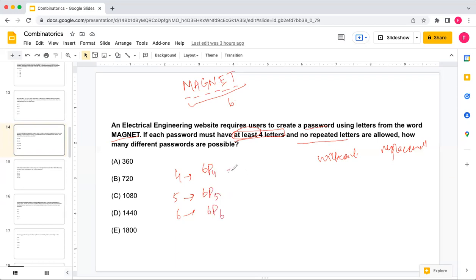Let's see, 360, 720, and 720, which is 1800. And this is a usual way of testing the concept of permutation and combination in exams.